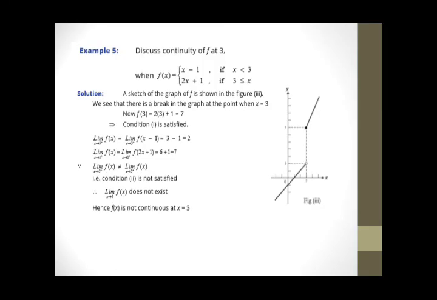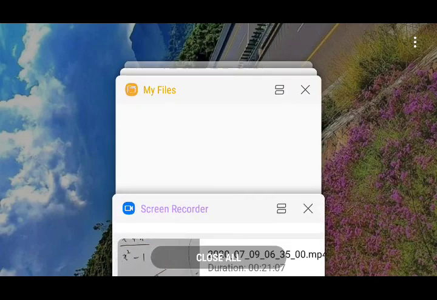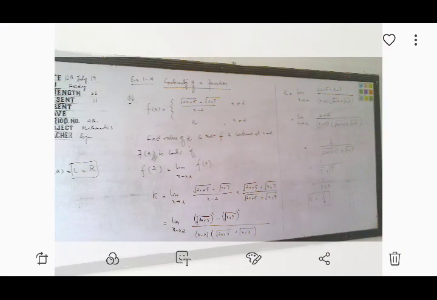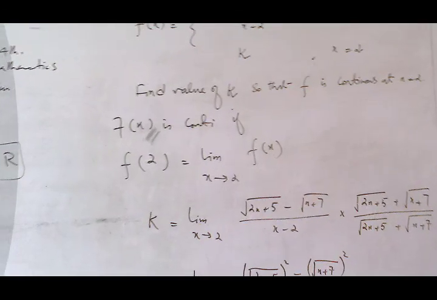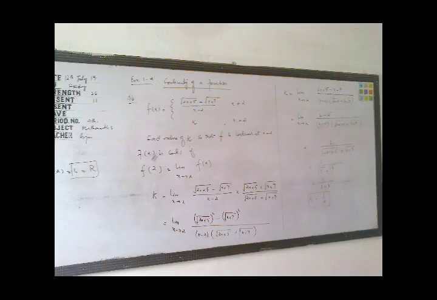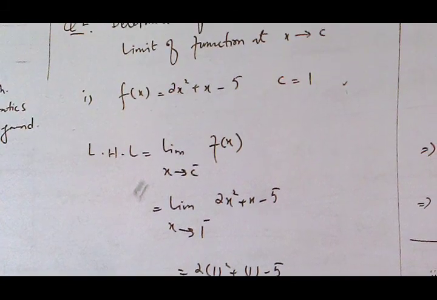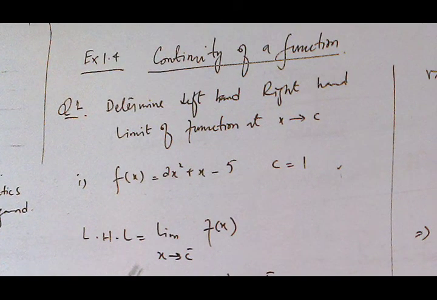Okay students, this is the exercise. Now we start exercise 1.4. In the first question, we have a function f of x equal to x square plus x minus 5.